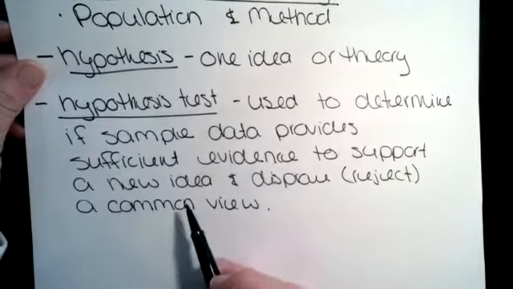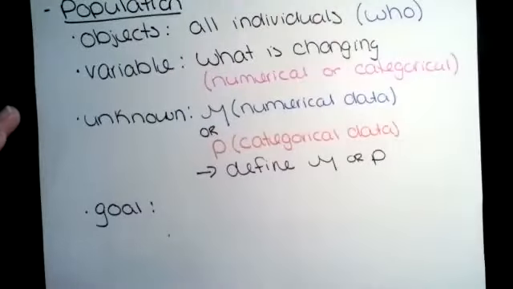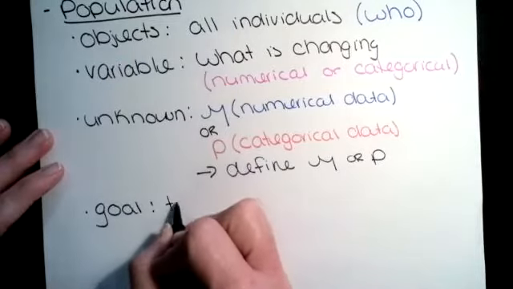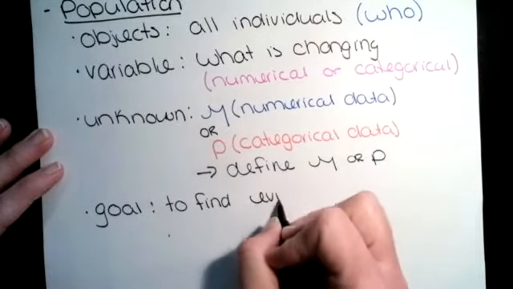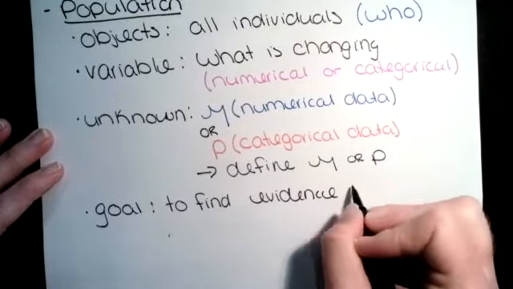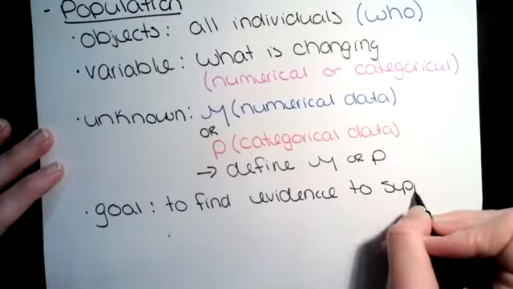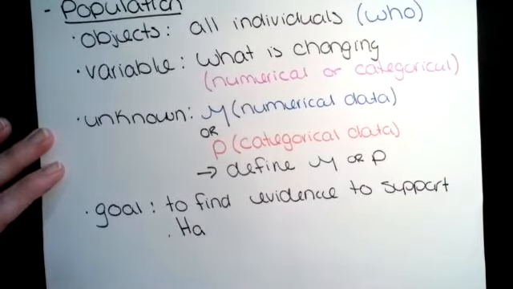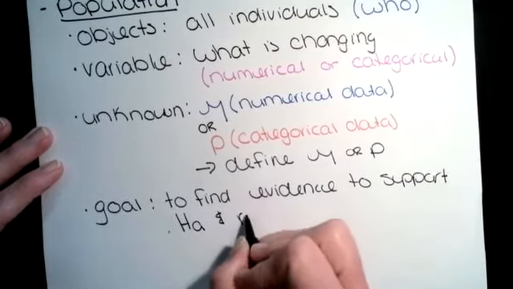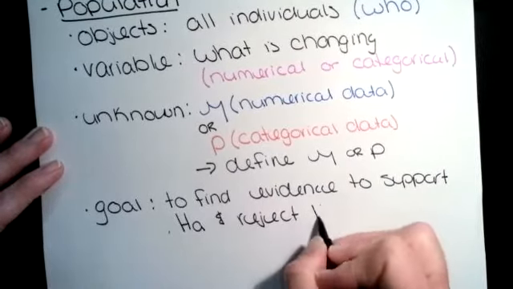I want to find evidence to support that new idea. So right here for my goal, I'm going to say to find evidence to support the alternative and reject my null.